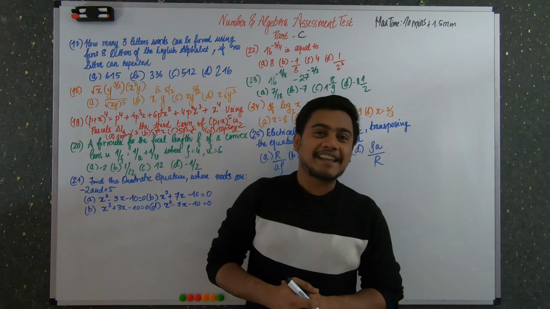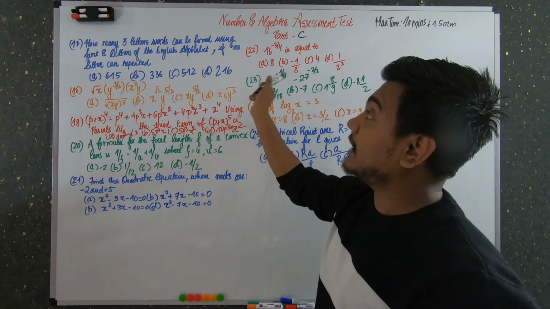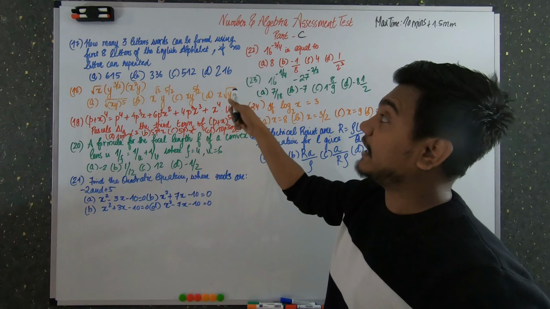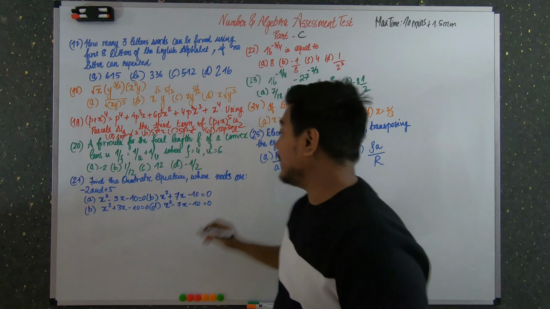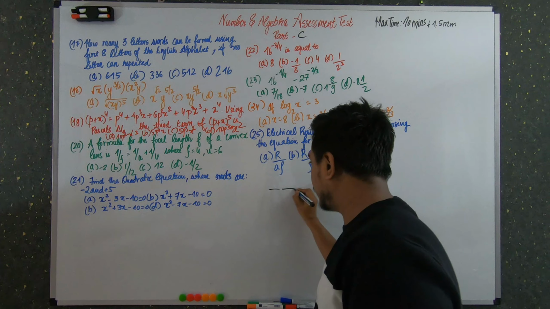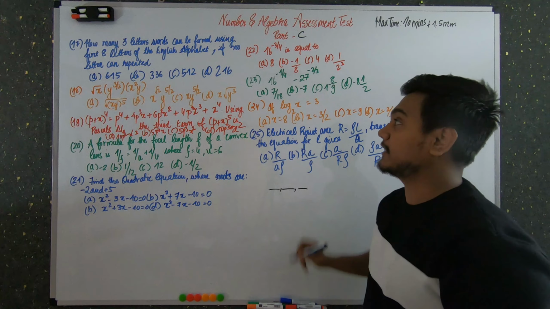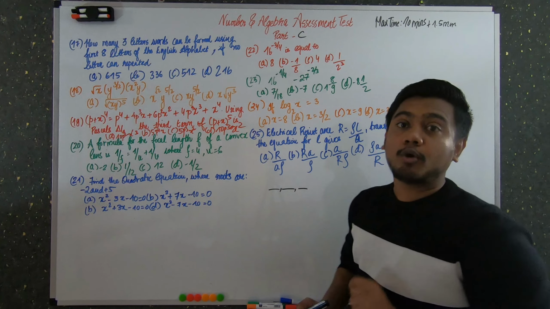Okay, so let's directly start with the 17th problem. How many three-letter words can be formed using the first 8 letters of the English alphabet? We have to find how many three-letter words can be formed from 8 letters if no letters are repeated.